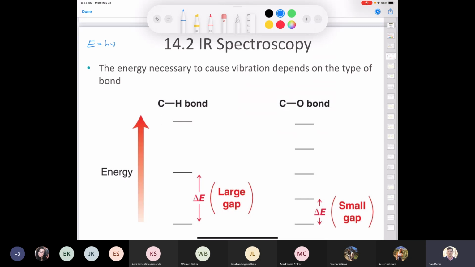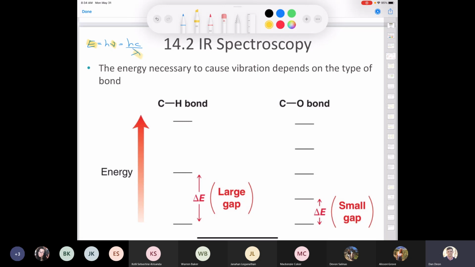Energy is equal to h times frequency, or hc over lambda, either way. But the frequency of light, or if you want to call it the wavelength of light, has to be the specific frequency or specific wavelength that's going to cause a specific energy transition, or provide the energy necessary for the vibration to occur.